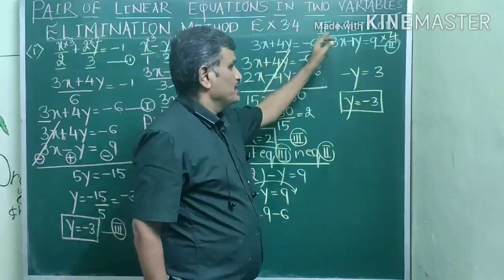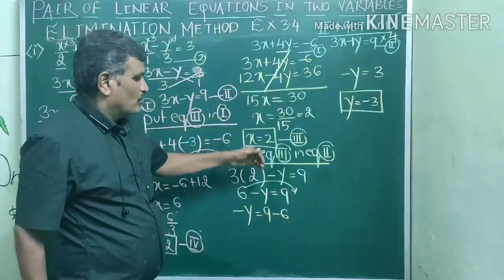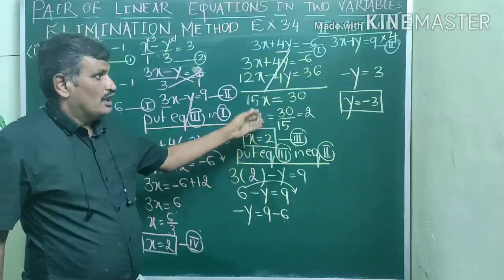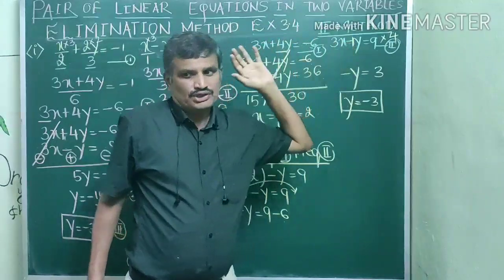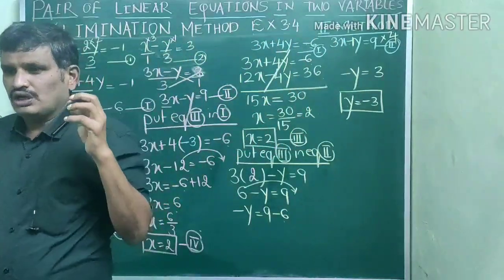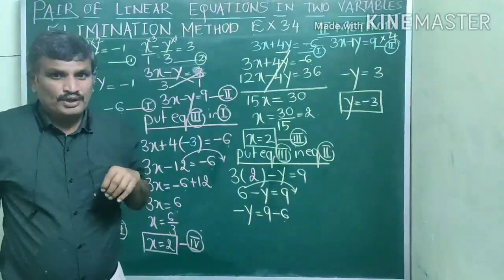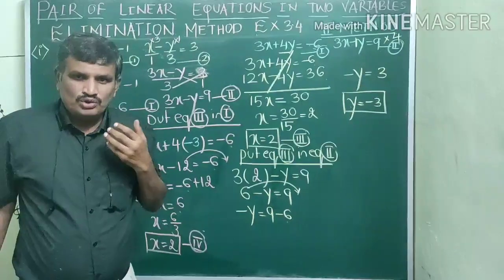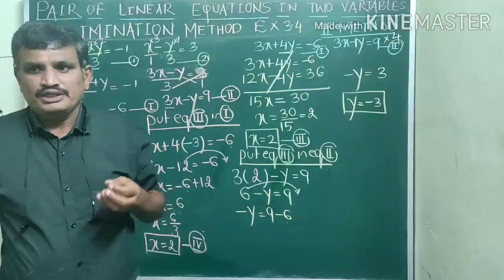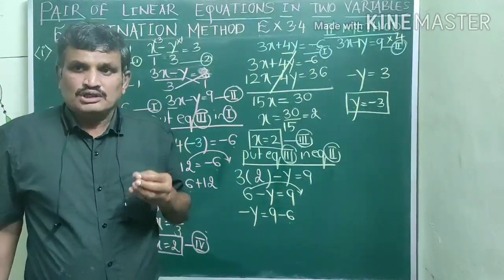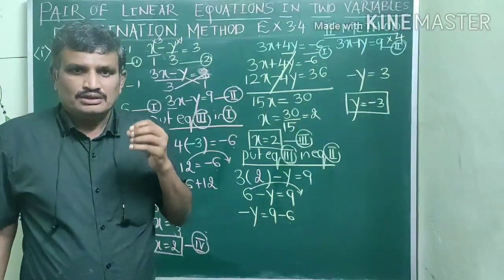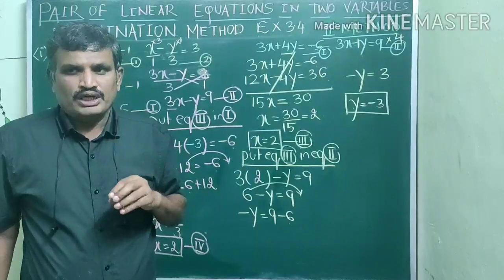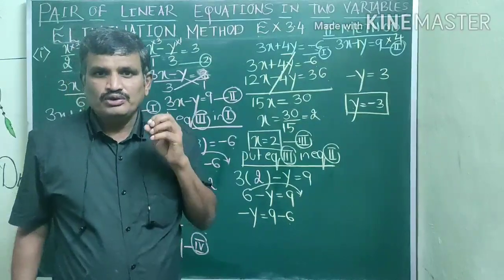Here I am eliminating y, and whatever value of x I am getting, I am putting it in the second equation. So, by solving one problem by two methods, I want to give you the confidence that linear equations in two variables can be solved by these two methods. You can either eliminate x or you can eliminate y.